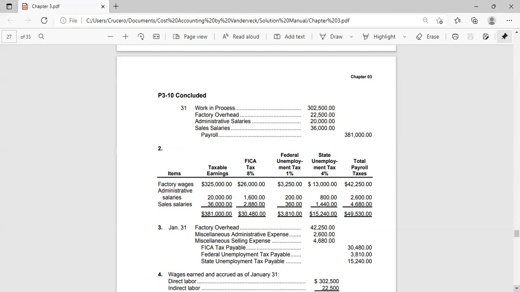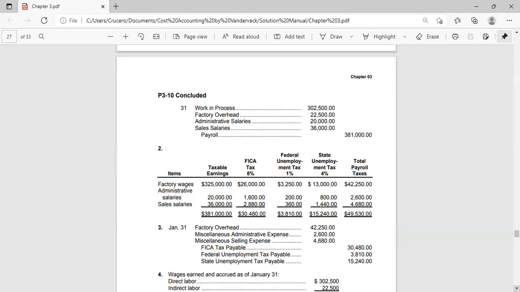So we now have the debit to factory overhead for the factory payroll, debit administrative salaries for the office payroll, and sales salaries for the stores payroll, credit to payroll.